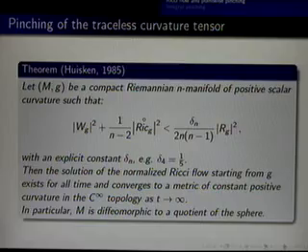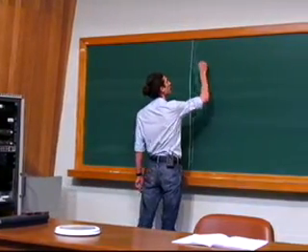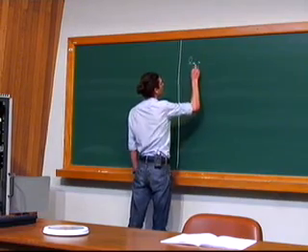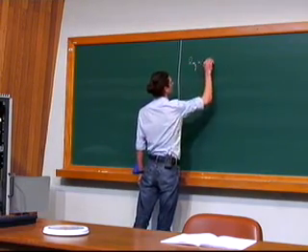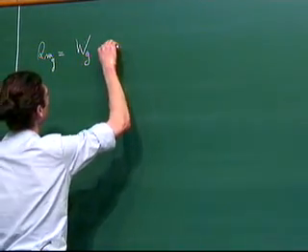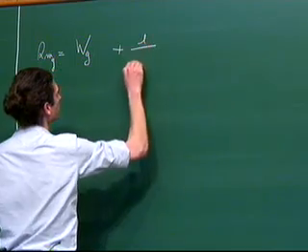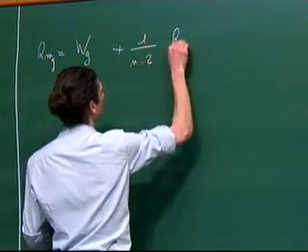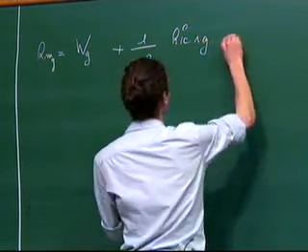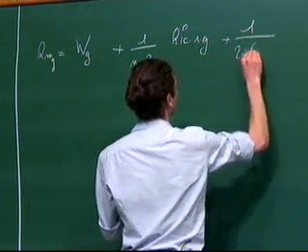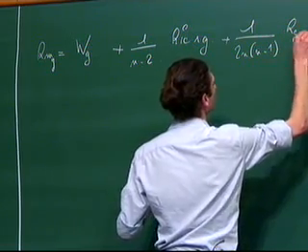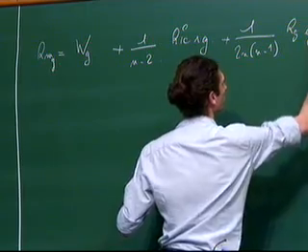So I recall the decomposition of the curvature tensor. You can always write the curvature tensor as a Weyl part that is totally trace-free, plus a part that looks like this, plus a last term that involves the scalar curvature.